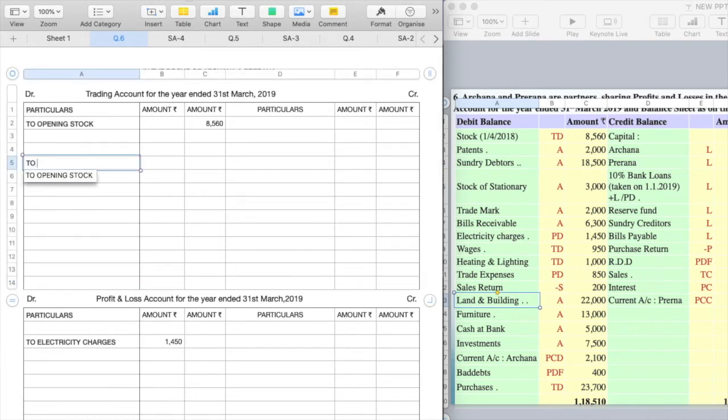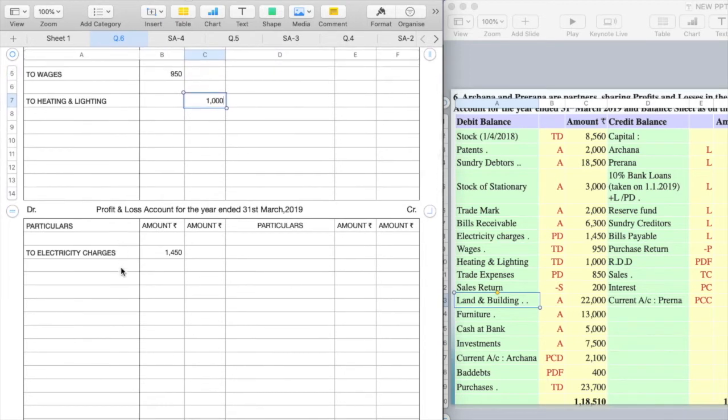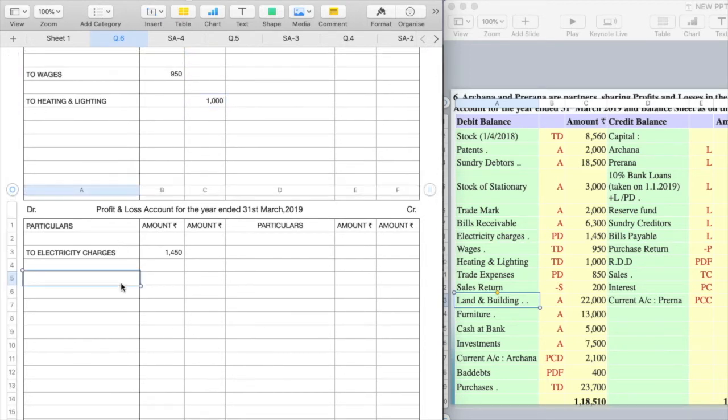So after leaving 2 lines I will write to wages, 950 inner column as there is an adjustment. Then leave 1 line and write to heating and lighting, outer column 1,000 as there is no adjustment. Trade expenses, profit and loss account debit side, outer column 850 as there is no adjustment.